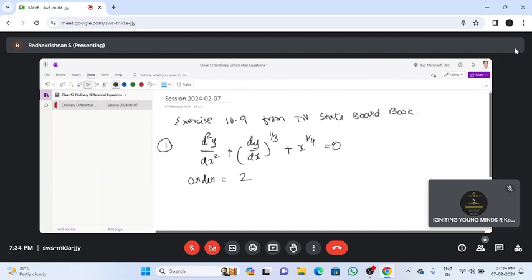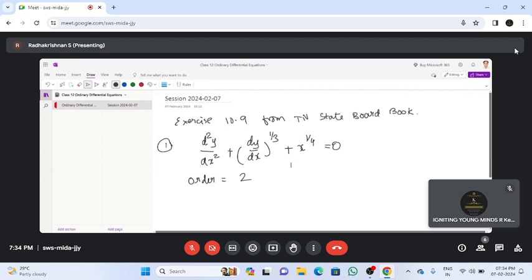But before identifying that degree, we have to make sure that there are no fractional powers. So we have to remove the fractional powers in the equation. Of the derivatives, first or second order, whatever, all the derivatives should not be of fractional powers. So that we should remove first.